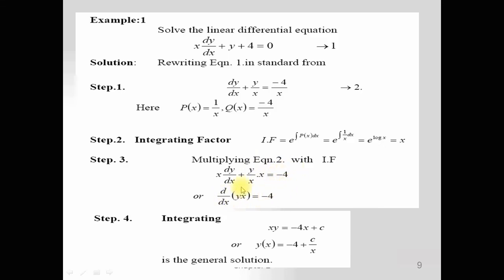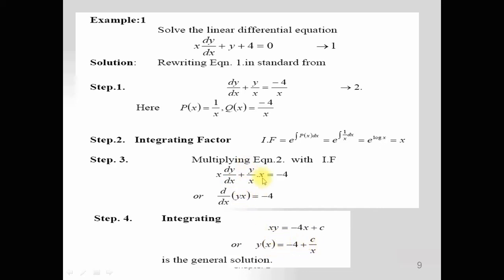Now you can easily find its solution by taking integration. We obtain y by x minus 4. Integration of minus 4 is minus 4x plus c, and this is equal to y dot x minus 4 plus c by x.